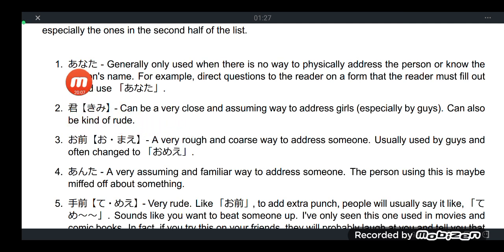And may I just add that anata, when the pronunciation is prolonged, is used by a woman. A woman will say anata. This may also mean husband. A woman calling out to her husband says anata, or dear. Anata is also dear, when she wants to call out to her husband.